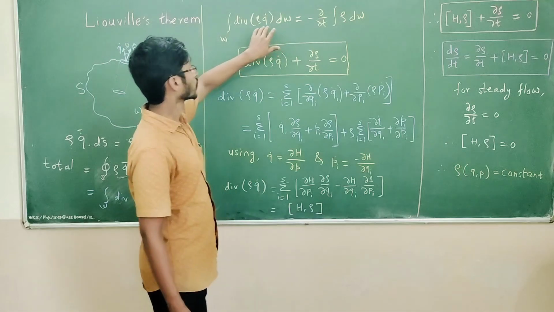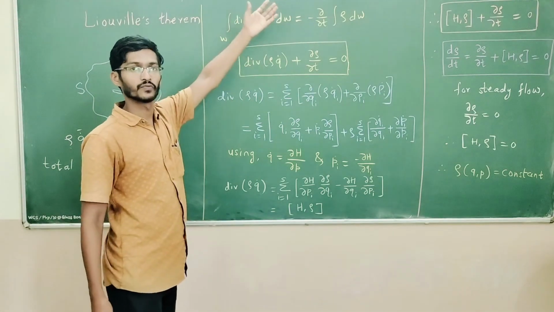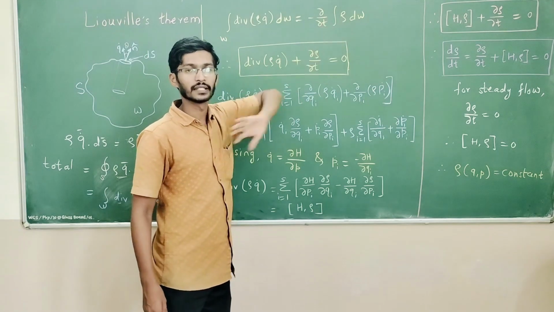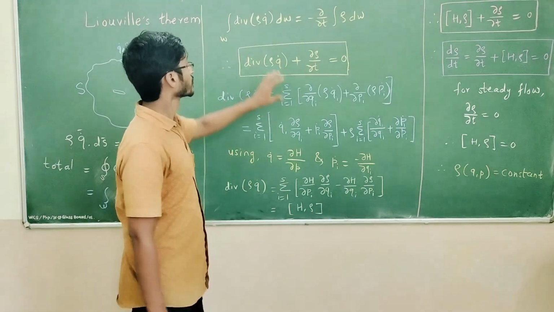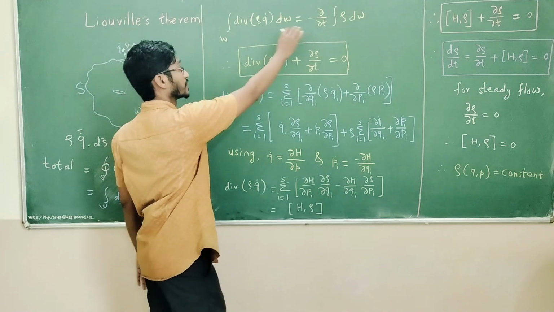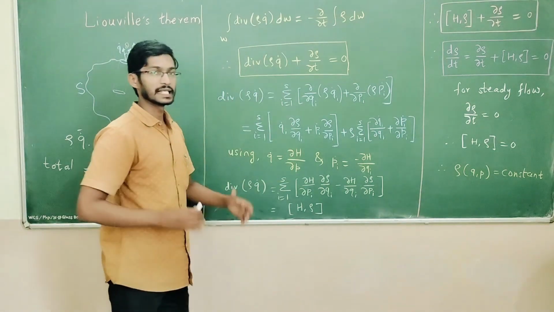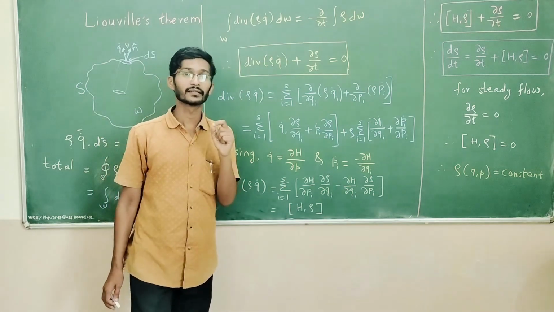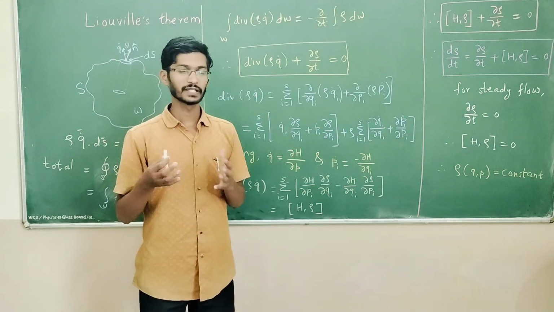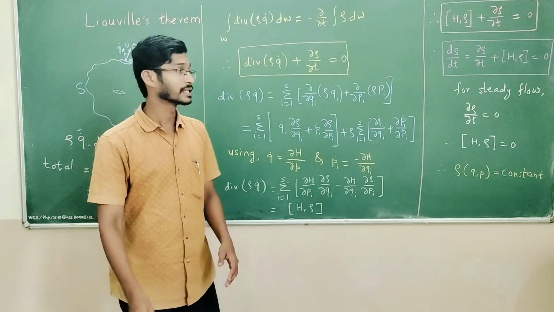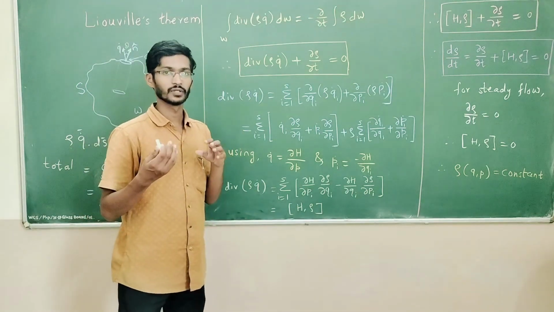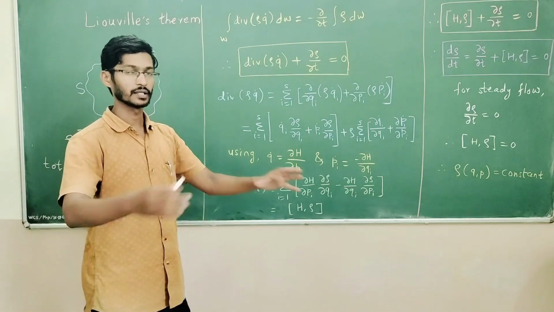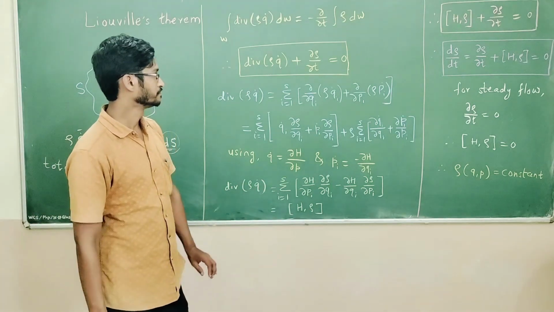So the total flux coming out of the volume must be equal to the total change in the phase density. And by rearranging this, we will get this equation, and this is the equation of continuity. This tells us that the phase density of the phase space remains conserved. That is, if there is some positive change, there will be some negative change in some other area or in some other volume region.